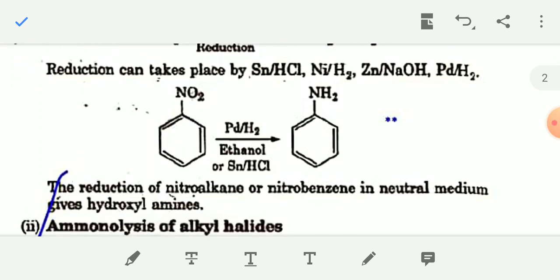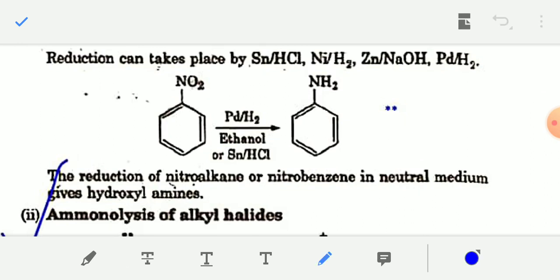So if you reduce nitrobenzene by Pd/H2 in ethanol, Sn/HCl or by zinc NaOH, you will get aniline.